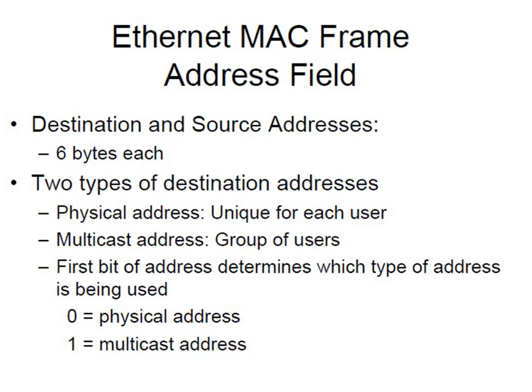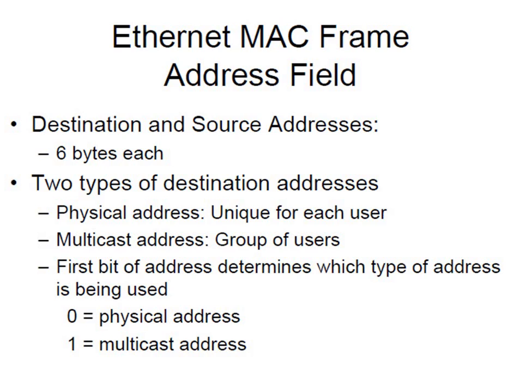Now the Ethernet MAC frame address field, so it's source and destination address of 6 bytes each. So there are two types of destination address. One is the physical address, which is a unique one for each user. We call it a MAC address, which is a standard hardware address of that particular device and which is decided by that manufacturer.